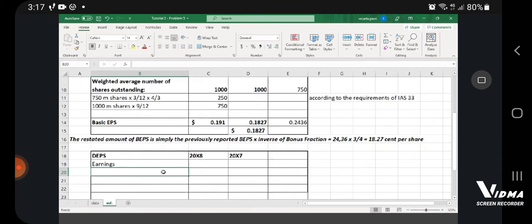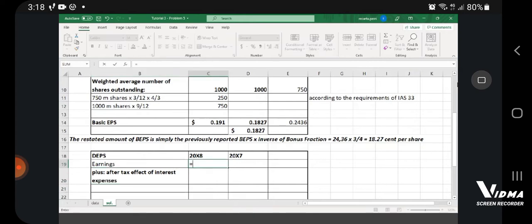But be careful: having to deal with convertible bonds, we have to adjust the earnings to reflect the savings from not having to pay some interest. So we say here: earnings plus the after-tax effect of interest expenses.